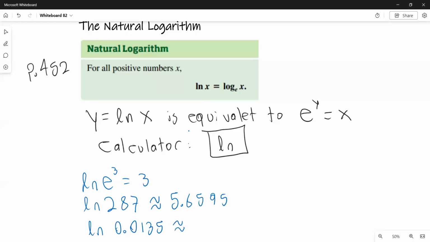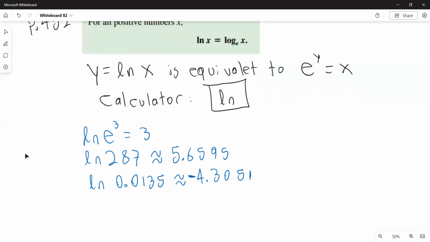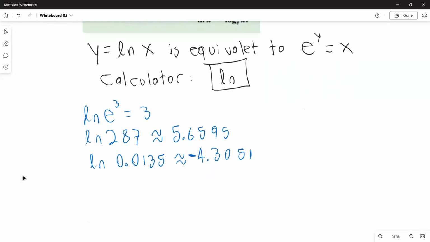Yeah, that was a negative number. So e raised to that number is going to be approximately 0.0135. And the natural logarithm of 1 over e to the fifth power, e to the fifth power is e to the negative 5, just using the inverse property.